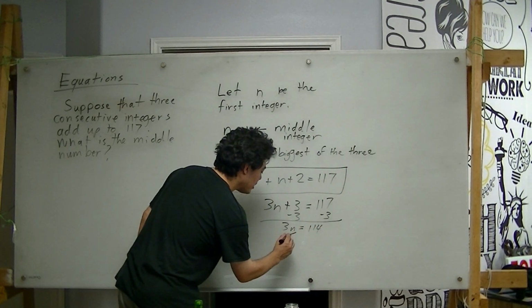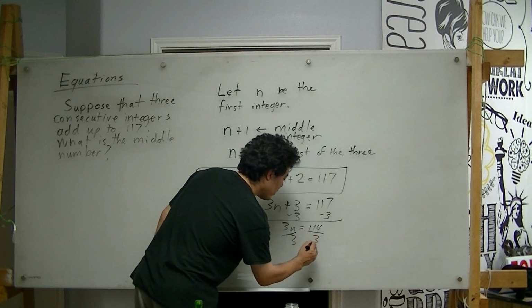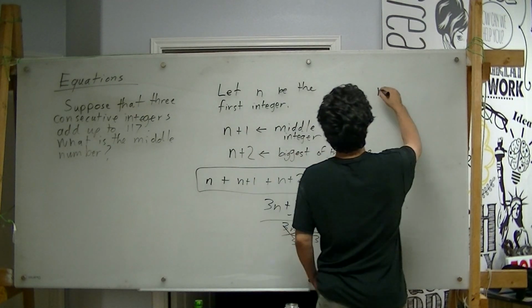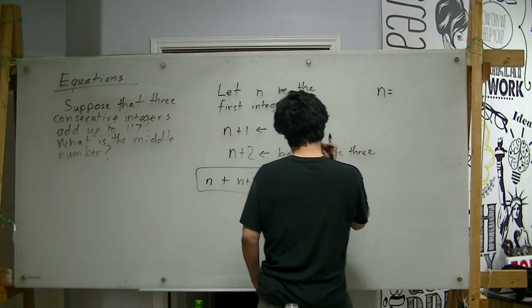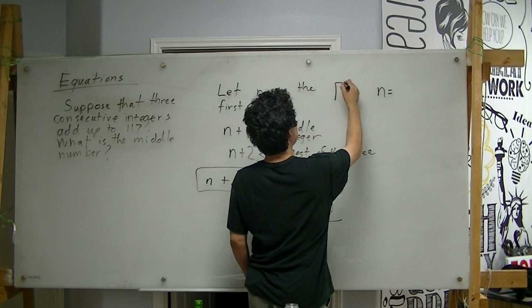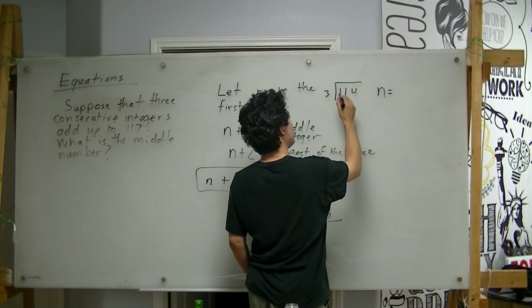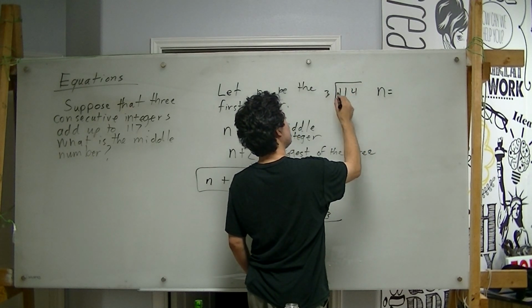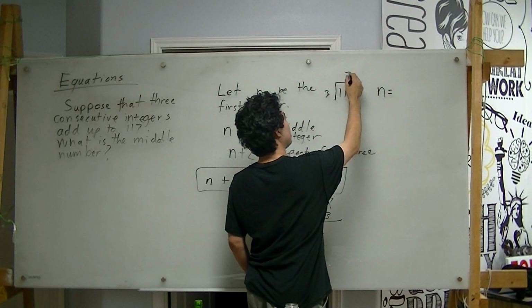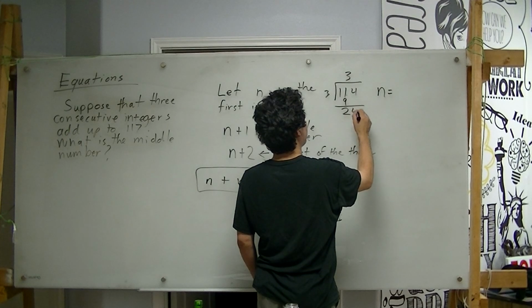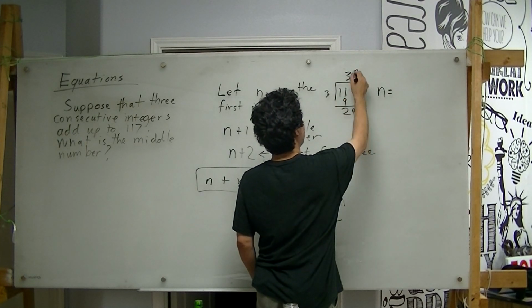We now divide both sides by 3, and that gives us n equals, and let's do this division. 3 goes into 1, 0 times. 3 goes into 11, 3 times. It'll give us 9, and that leaves us with 24. 3 goes into 24, 8 times.